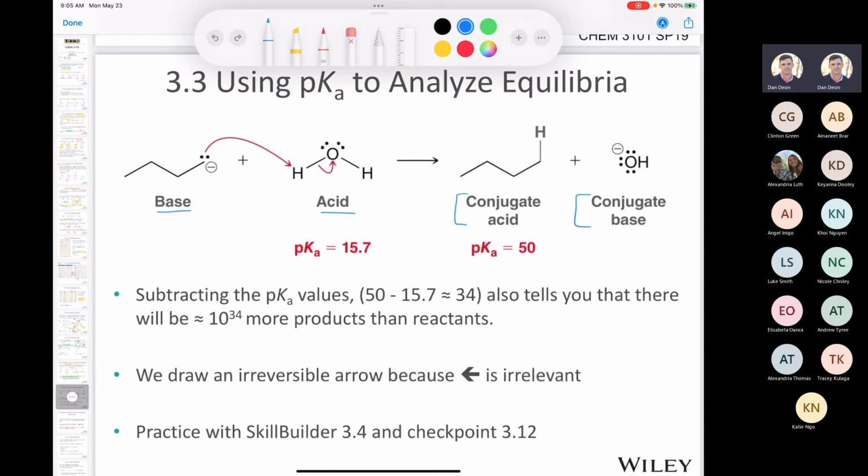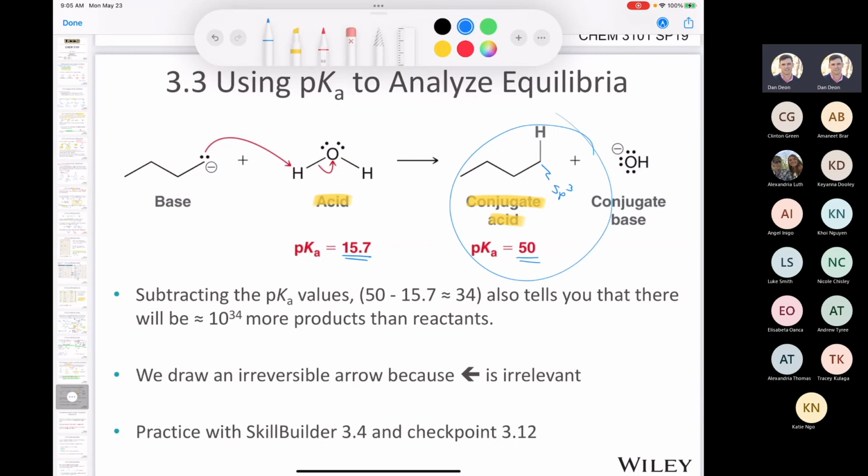If we compare the pKa's of the acid and the conjugate acid, that's what we do. The pKa of water is 15.7, and the pKa of this molecule, which is butane, is 50, again because this is an sp3 hybridized carbon. Which one is weaker? Well, definitely this one is a much weaker acid.